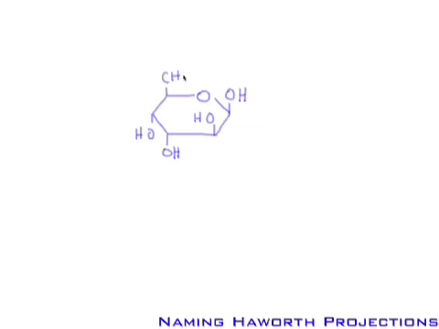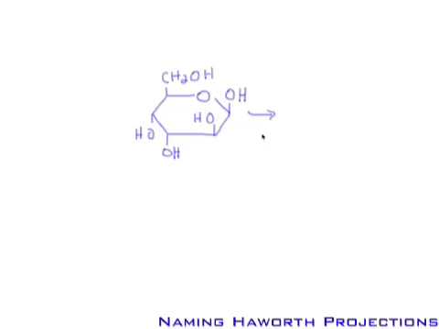You can see the problem that immediately arises. This is in no way similar to the list of sugars, monosaccharides, carbohydrates that you've memorized. What do you do? Well, you use the rules I just gave you to convert this to the Fischer.